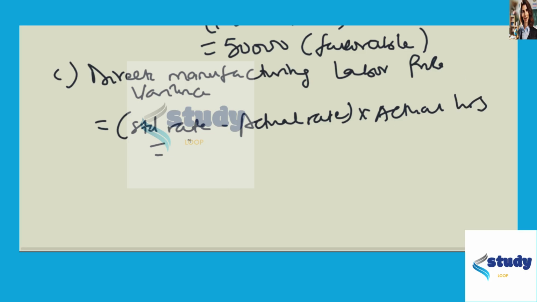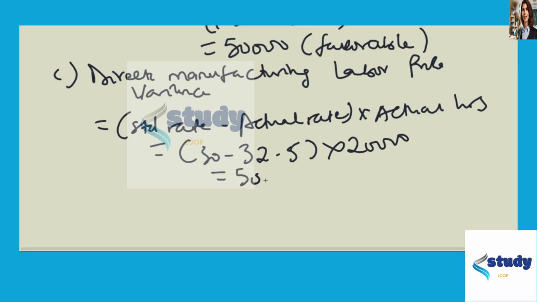So this is equal to 30 minus 32.5 multiplied by 20,000, and this is equal to 50,000. Because of the negative sign, it's unfavorable.